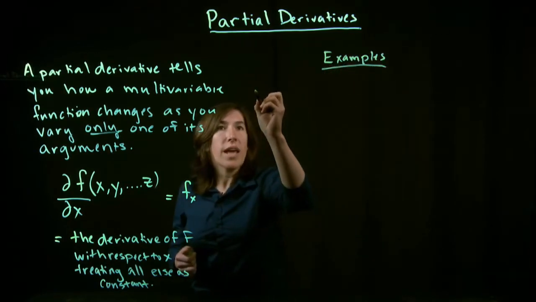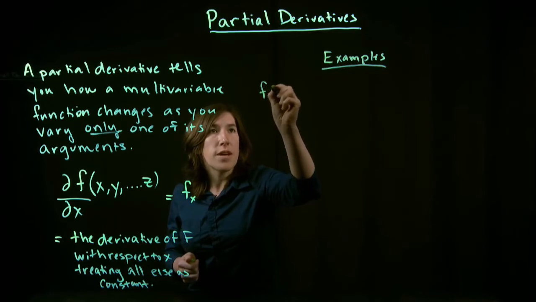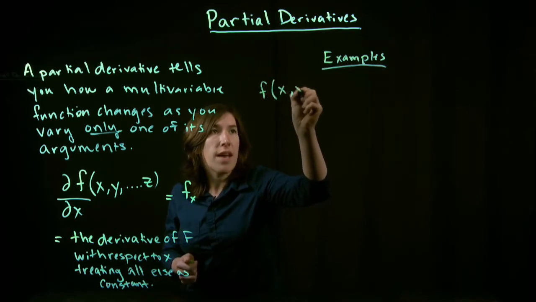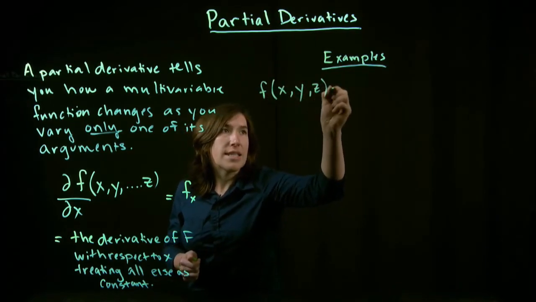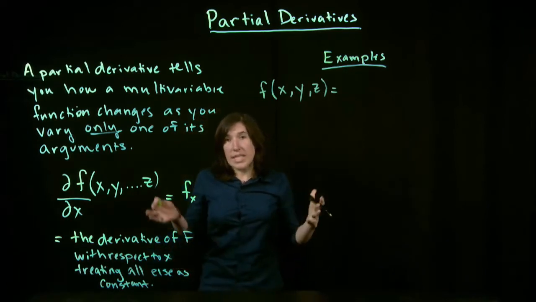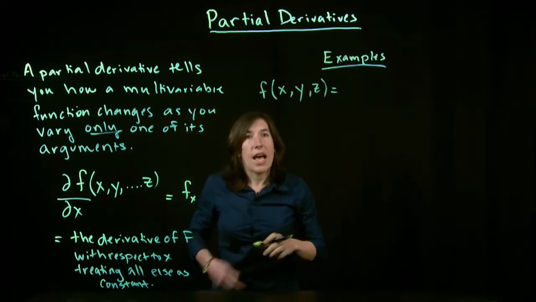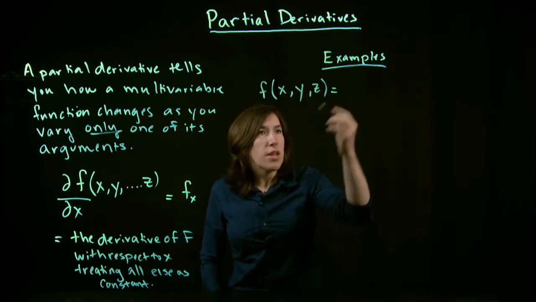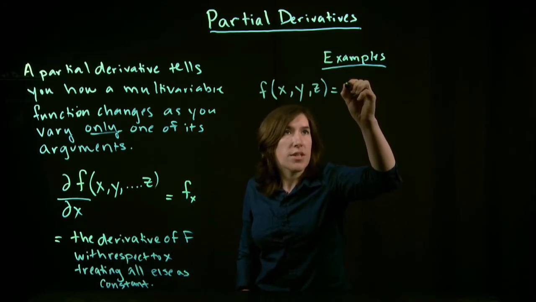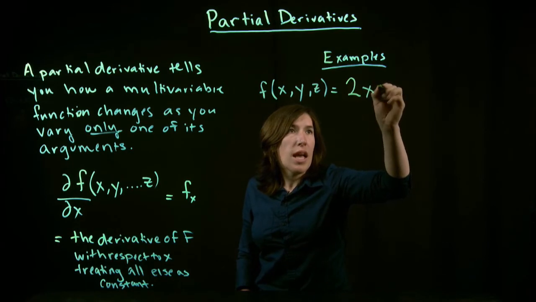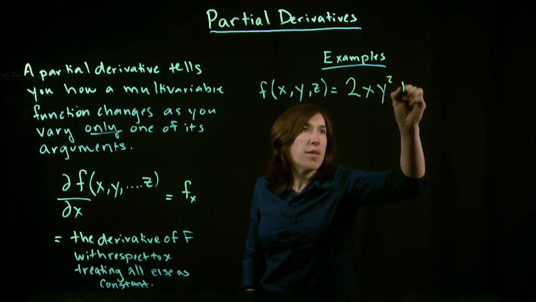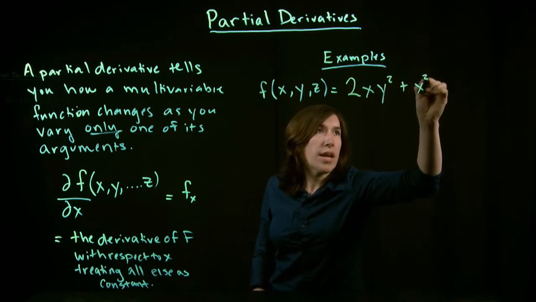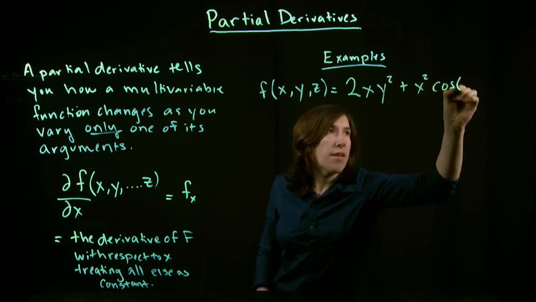So let's say we have the multivariable function f of x, y, and z. And we want to see how this function changes as we vary f with respect to one of these variables. So let's just write down some function. So let's say we have 2xy squared plus x squared times the cosine of z.